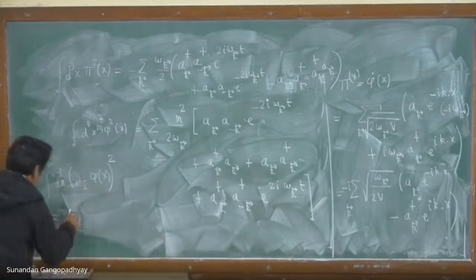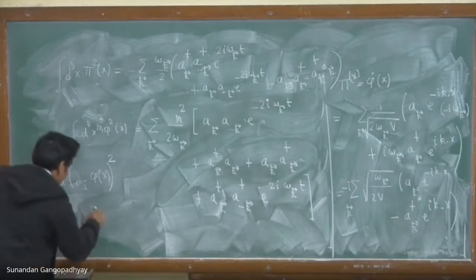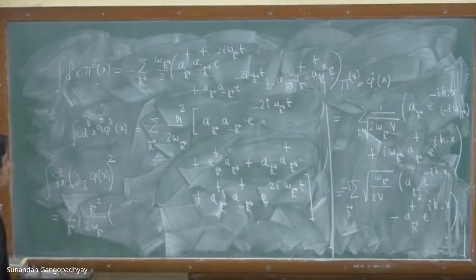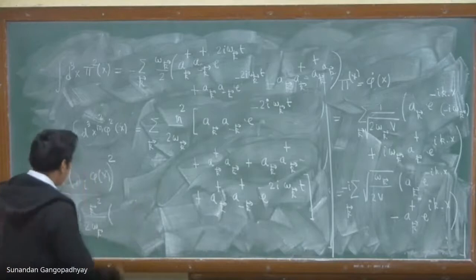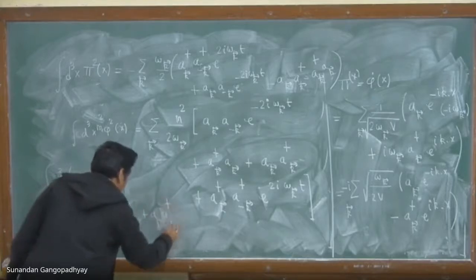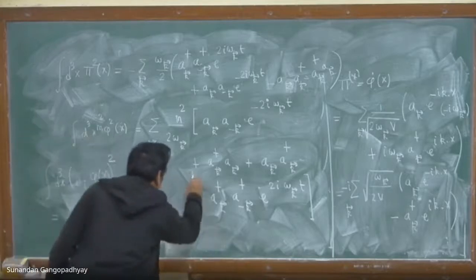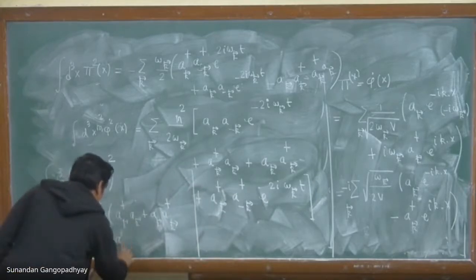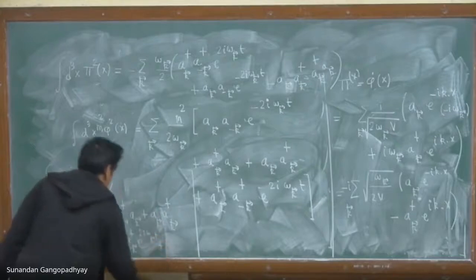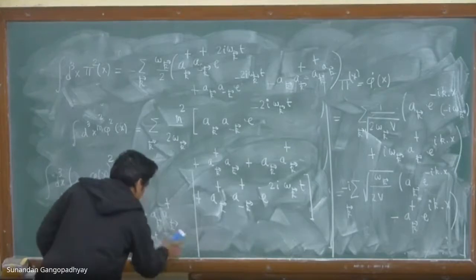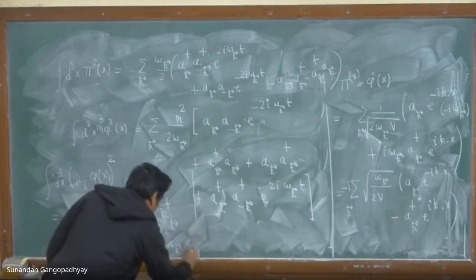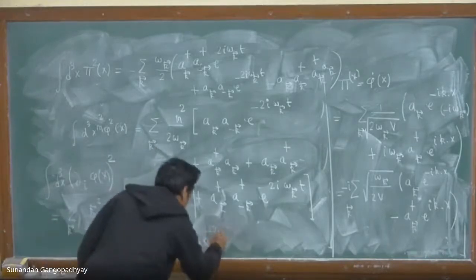What you will get is summation over k, k vector square by twice omega k, a dagger k a dagger minus k exponential twice i omega k t plus a k a minus k exponential of minus 2i omega k t.